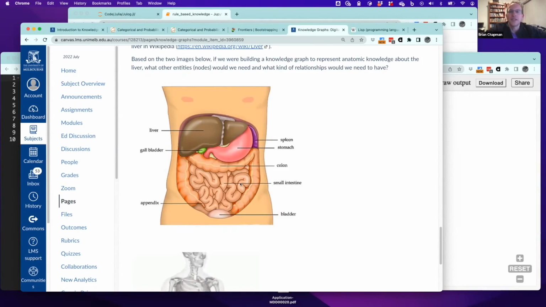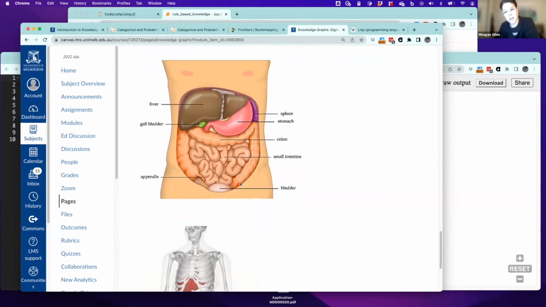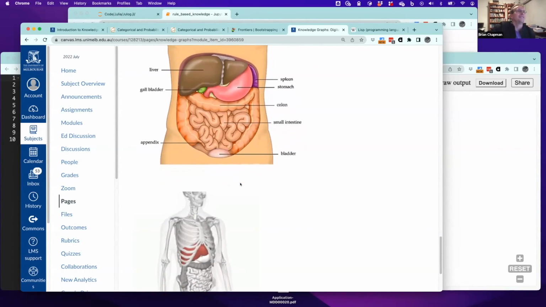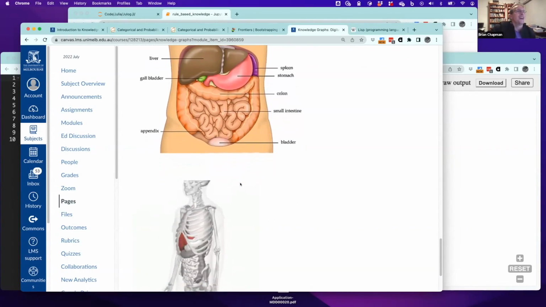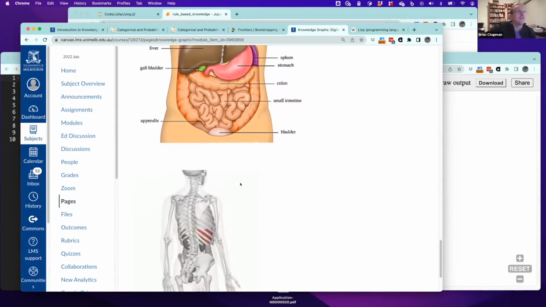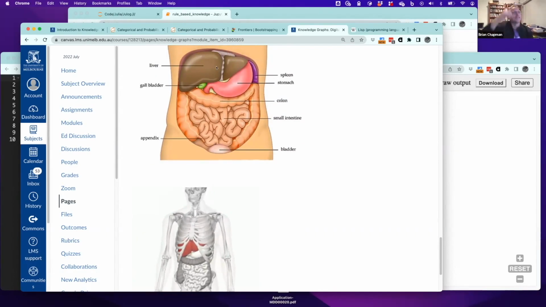What kind of spatial relation terms would you be thinking of? Yeah, above, or on top, or next to? Yeah, so you'd have adjacent to, above, below, left or right, and I guess you could break down the lobes of the liver.